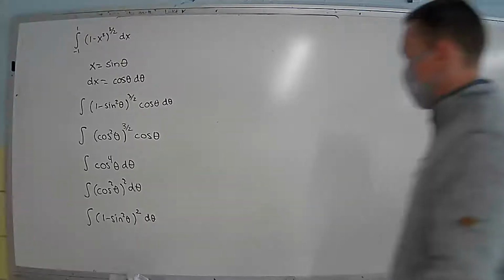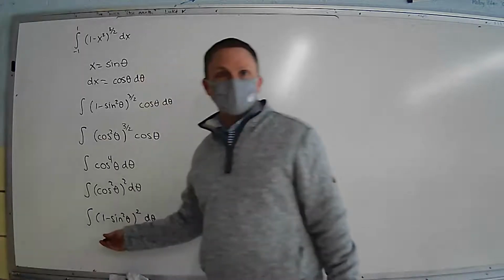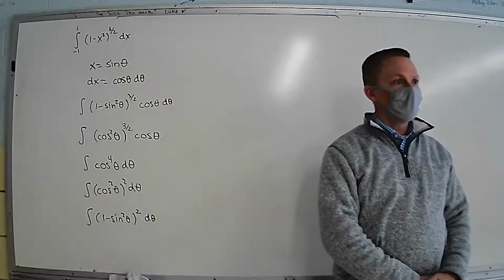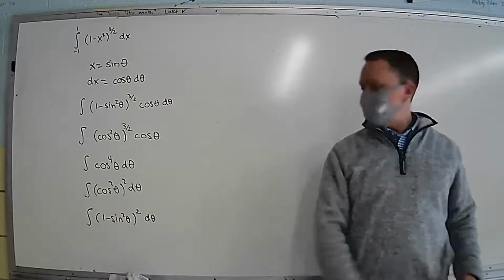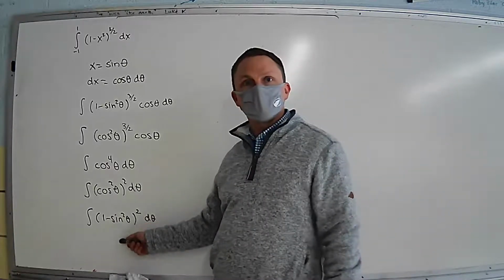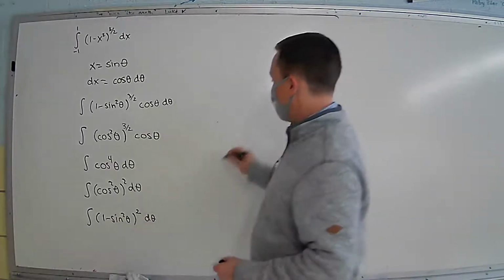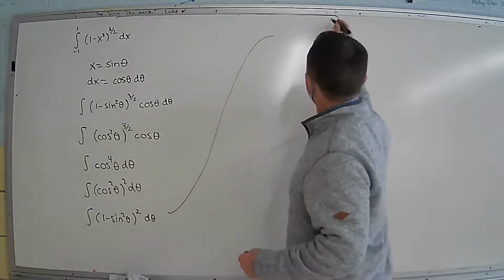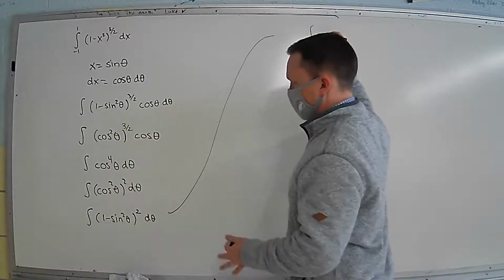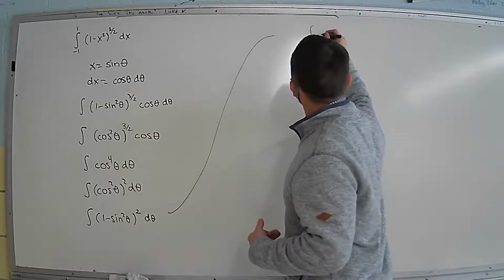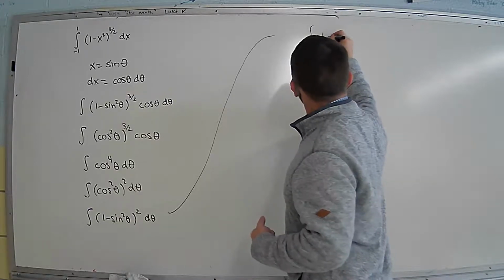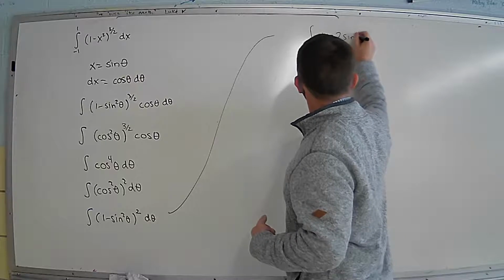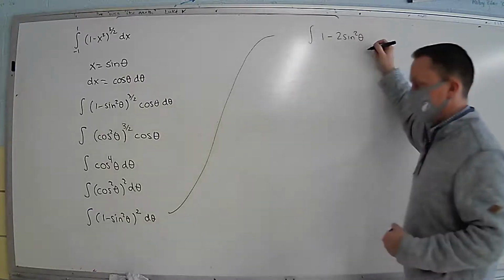Now, I could do this, I suppose. I could FOIL this out. What would happen if I FOILed this out? If I expanded that? Well, 1 minus sine squared, squared, is 1 minus 2 sine squared theta, right?